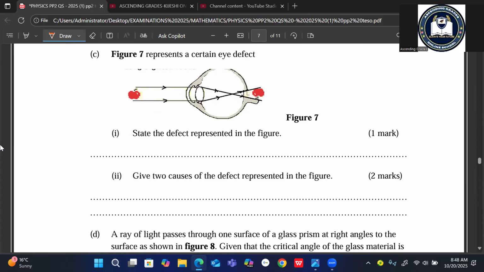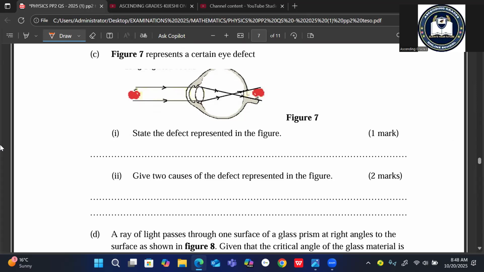Then we know that distant objects are not formed at the retina. So in this case, this is going to be short-sightedness, because you can see the formation of the distant objects there.